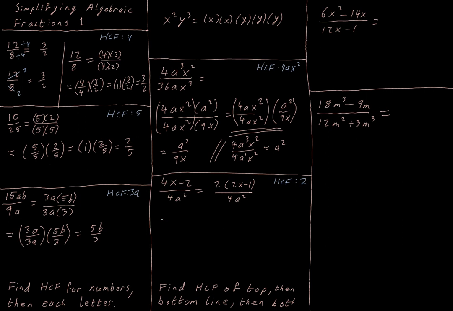I need to be able to write this as 2 times everything on the top line, because that's the highest common factor of the top line, and 2 times everything on the bottom line. And if I can do that, then I can do my business of having 2 divided by 2 times everything else. And 2 divided by 2 is 1, so I'm just left with 2x minus 1 all over 2a squared. And that's as far as I can go, because there is no common factor beyond that.